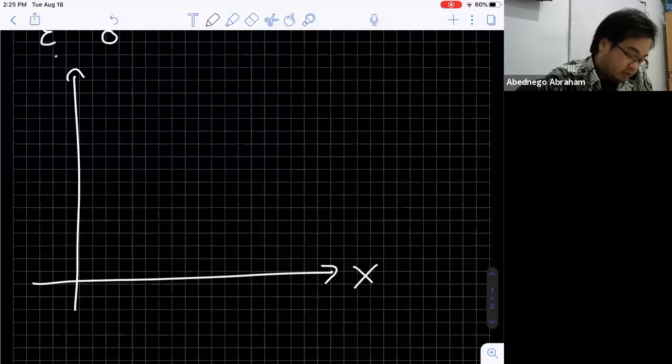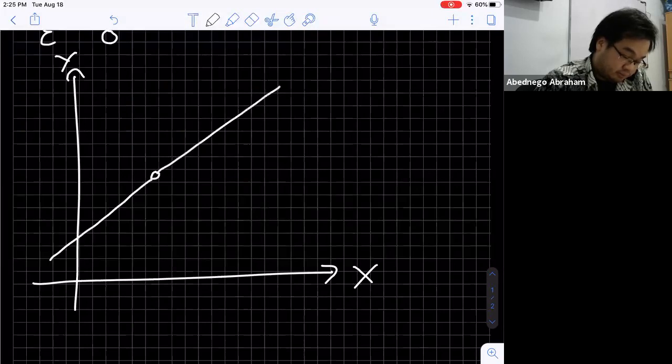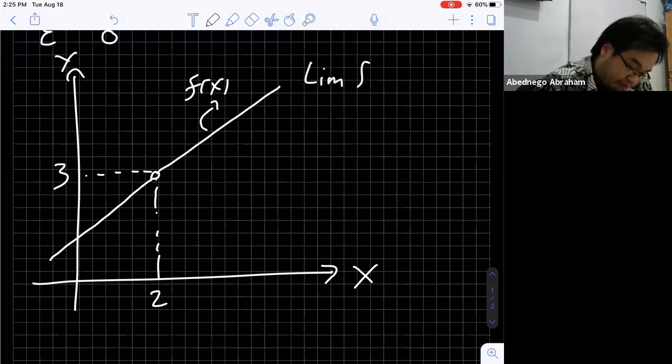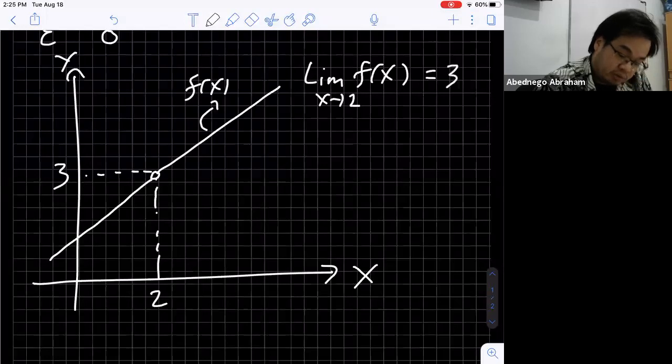This is x, this is y, and let's say I have a graph like yesterday, like this, with the point (2, 3), and this is f(x). The limit of f(x) as x approaches 2 is equal to 3, even though f(3) is undefined.